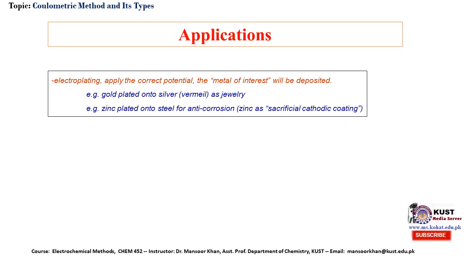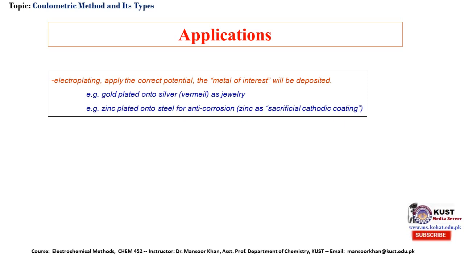The metal of interest can be deposited on the surface of the electrode, and from the surface of the electrode, the analyte which is deposited can easily be separated. For example, gold is plated over silver in jewelry, and zinc is plated on steel for anti-corrosion, because zinc is non-corrosive as compared to steel.